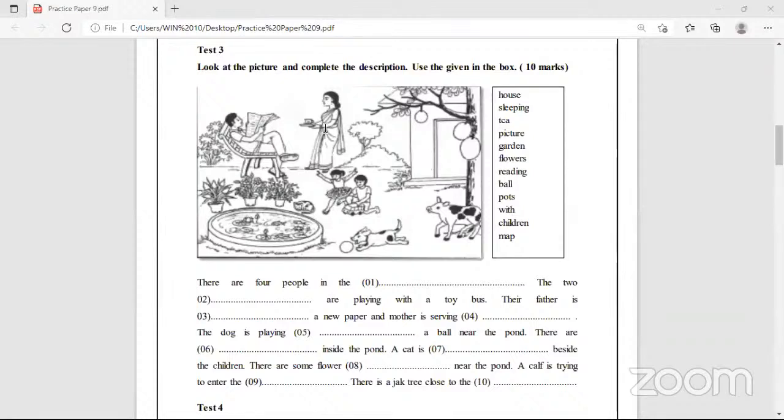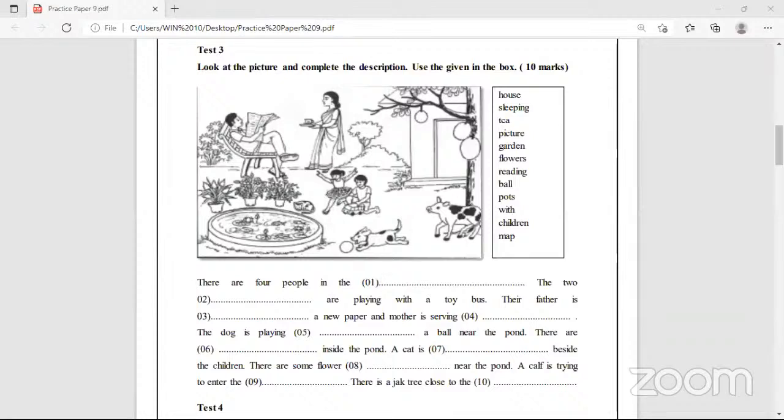There is a lady and a gentleman, 2 children, a dog, a cow, a tree, a pond, a cat, right? There are a lot of things in this picture. So when we go through this picture, we can see 4 people.